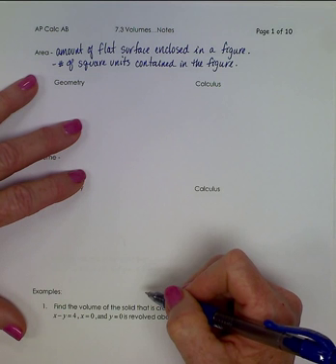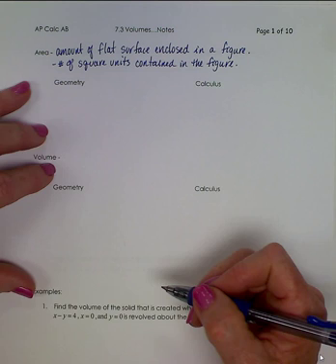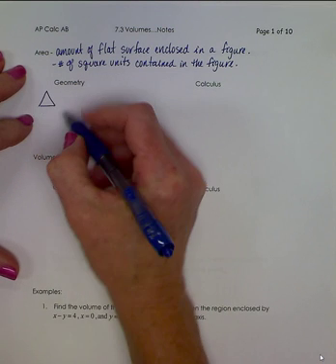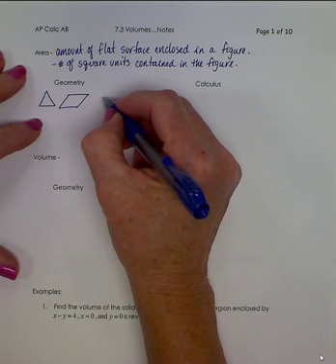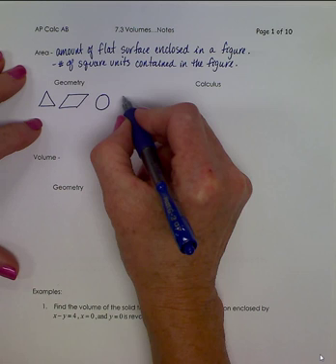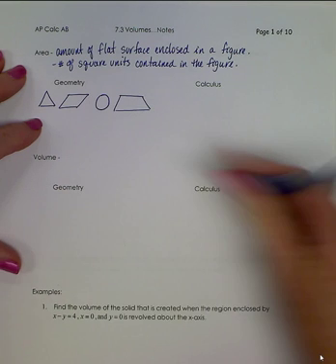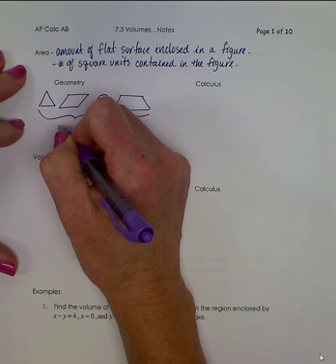So remember when you first started doing area, you counted up boxes which were inside. In geometry, you found area of triangles, of parallelograms, circles, trapezoids, etc. And you did all of that by using formulas.